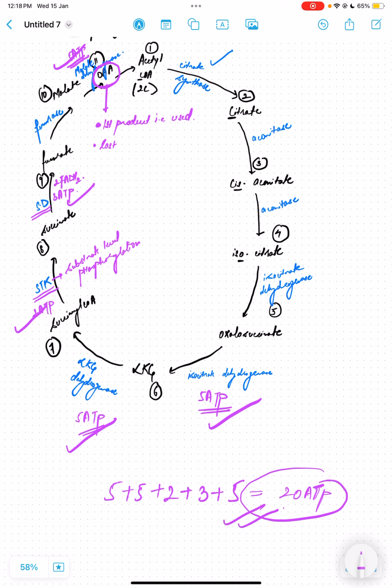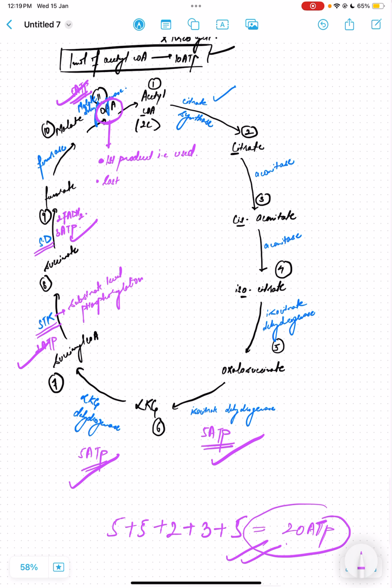So these steps where the ATPs are produced are basically the energy producing steps in the case of the Krebs cycle, that you should remember. And another thing you should remember is that this comes very often in your paper, so you should remember it very well. So basically these steps are the energy producing steps.